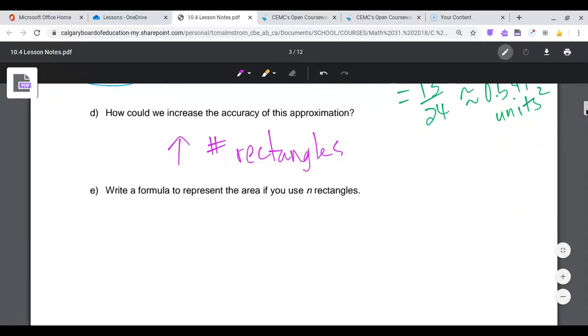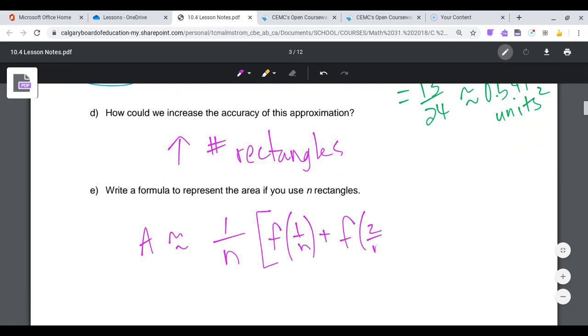We know from the last example, part C, with the 12 rectangles, that our area comes out to approximately the width being factored out. The width is actually 1 on n multiplied by f of 1 on n plus f of 2 on n plus dot, dot, dot, all the way till we got to f of n on n. In the last example, n was 12.